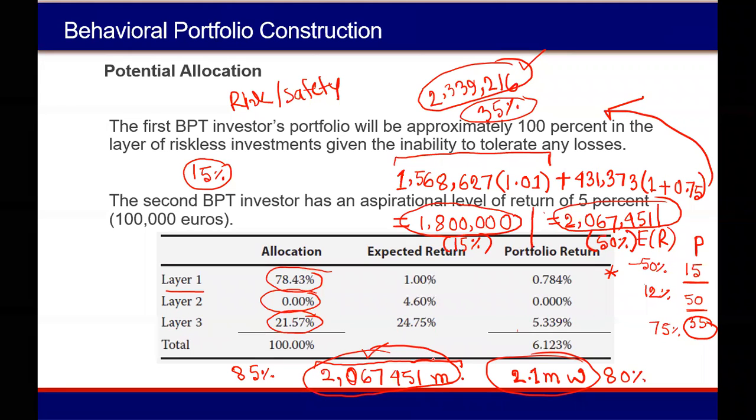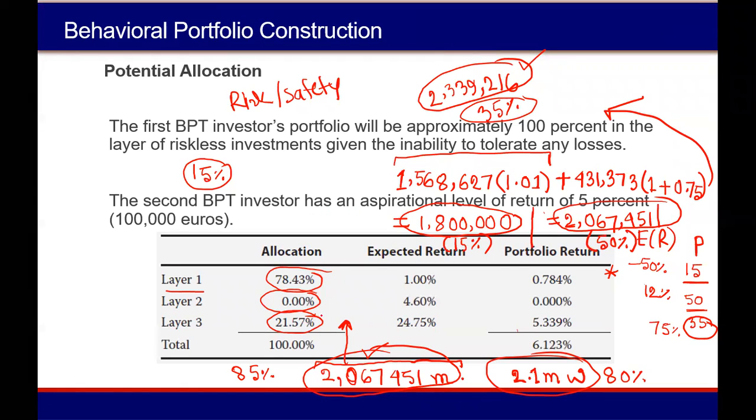Right. That's why I'm asking: 2.1 million is higher than the level of wealth possible with the current portfolio construction. So what would you suggest, how can he increase this wealth level by making more investment in layer 1, or by having some investment in layer 2 or layer 3, by taking some investment from layer 1? So by shifting some investment from layer 1.